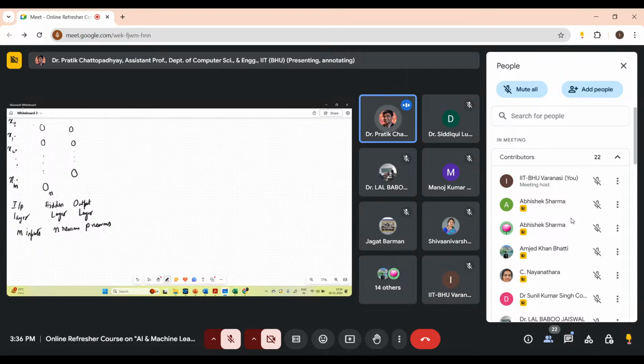Now how are the connections? Each input in the input layer is connected to each neuron in the hidden layer. So there is a connection like this. All the inputs are connected to each neuron. Similarly, x0 is connected with this neuron, x1, x2. All these connections are there, and similarly here also we have these connections.